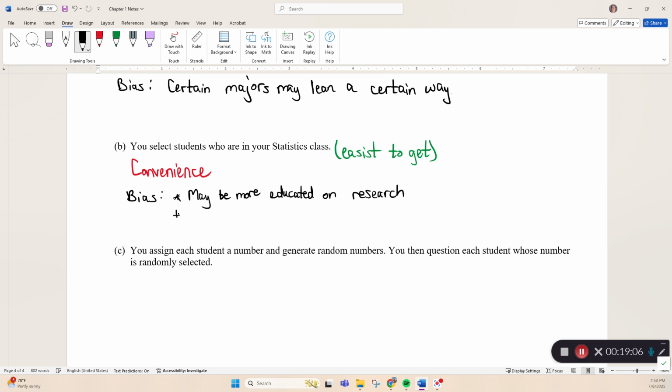And then also, we may not be representative of the population. Okay, so those are a couple of biases with convenience sampling.